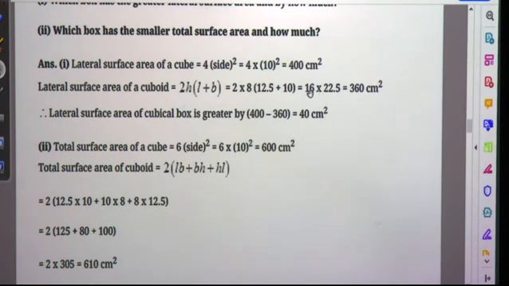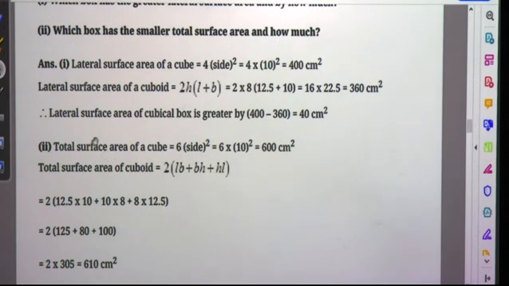We are getting 16 into 22.5 is equal to 360 centimeter square. Therefore, lateral surface area of the cubical box is greater than the lateral surface area of the cuboid shape box by 40 centimeter square.